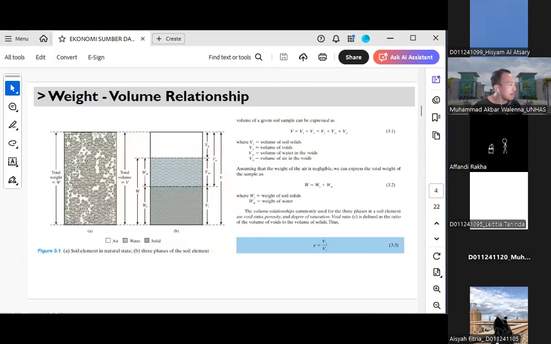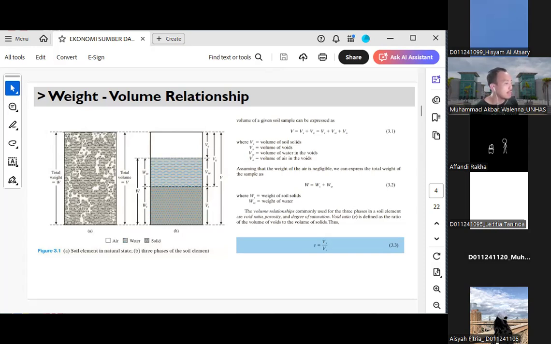I think it's quite clear from the slide that there is an illustration of the three-phase system. So let's begin with what we see in the soil sample in the picture. As I mentioned before, soil is not just solid grains.